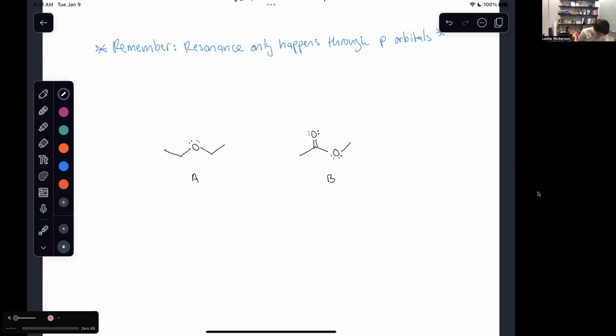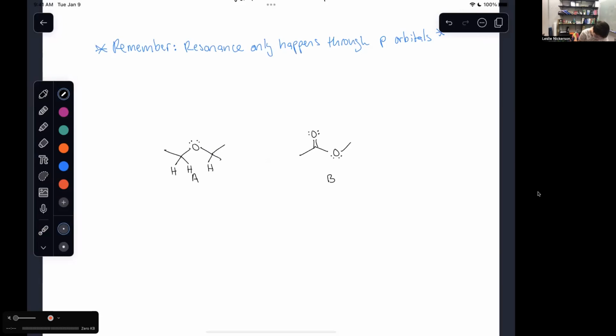So if we're looking at A, if we want to know whether a lone pair is localized or delocalized, we mostly need to look at whether I can do resonance with this lone pair. On A, we're really looking at whether I am going to be able to move those lone pairs anywhere else.